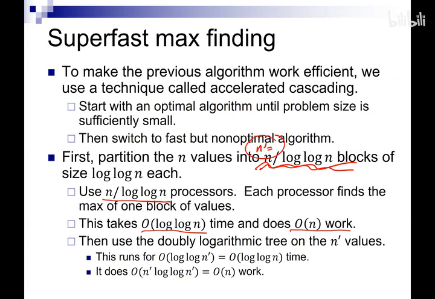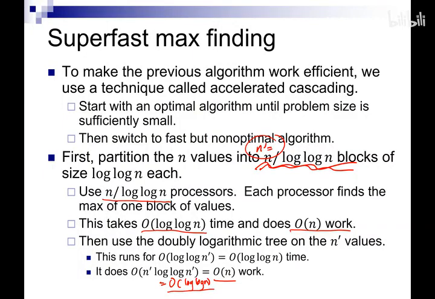And double log m prime is going to be equal to order of log n. Then this m prime is equal to n divided by log n. So if you multiply by this double log n over here, then we get that the total amount of work that the second phase does is order n.